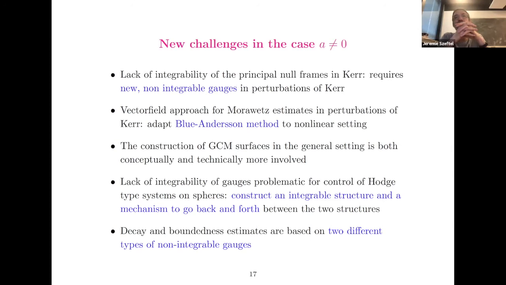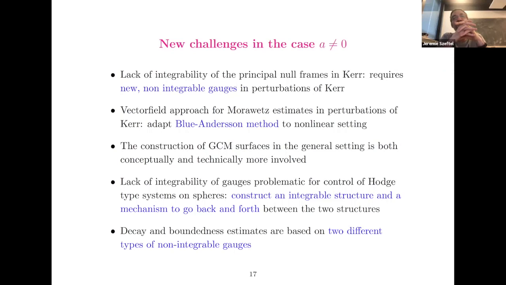So that forces you to work with two types of non-integrable frames. One that is suitable for decay, and one that is suitable for not losing derivatives. In other words, one is well posed, but is not very good to get decay estimates, and the other one is not well posed, but is good for decay estimates, because for decay estimates you can lose derivatives.